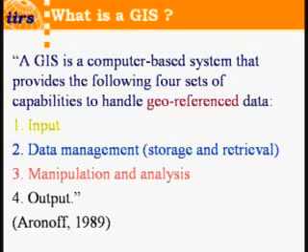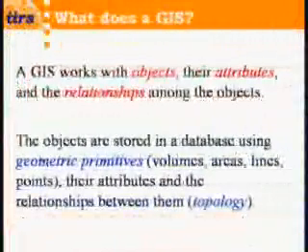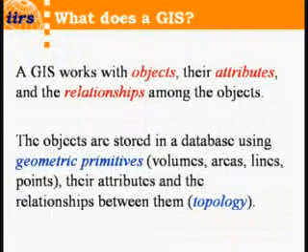So there is a lot of overlap between GIS and a simple information system, but in this we are more concerned about georeferenced data. Now, what does a GIS do? GIS basically works with objects, their attributes, and the relationships among the objects, and how these objects are stored in a database using geometric primitives like volume, area, line, polygons, their attributes, and how they are related to each other.